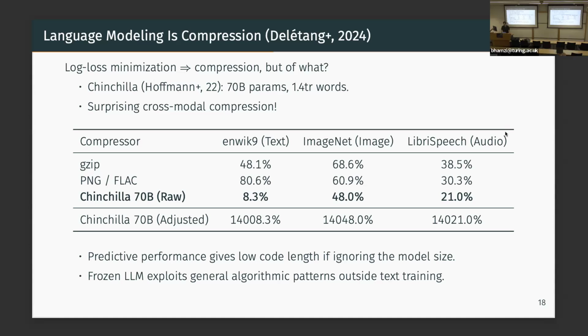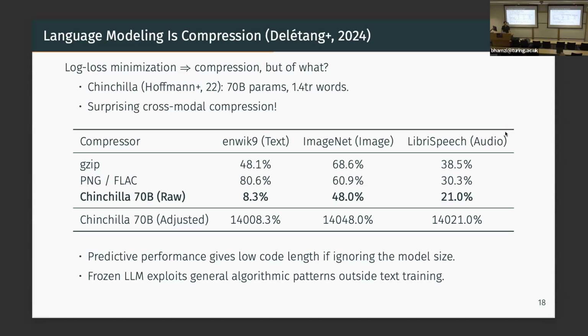We take a pre-trained Chinchilla model, with 70B parameters, trained on 1.4 trillion words, and we use it as the compression model. We take the logits and use arithmetic coding to give us the compression bits.